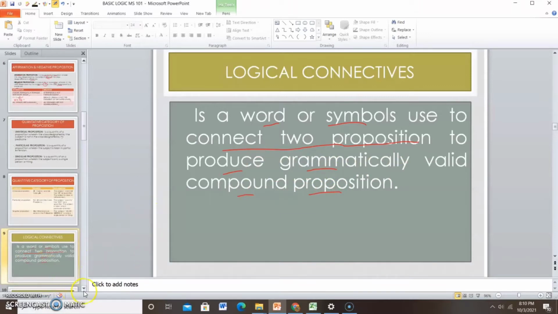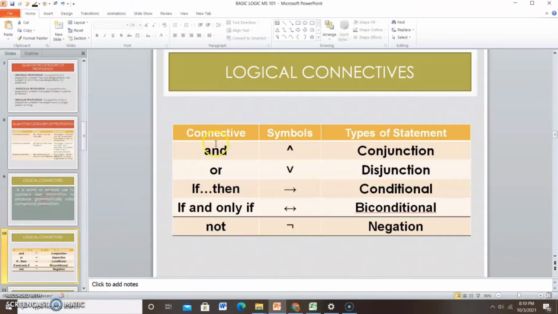Here are examples of the connective symbol and the type of statement. The word "and" has this symbol, and its type of statement is conjunction. This symbol, in word "or", has the type of statement disjunction.